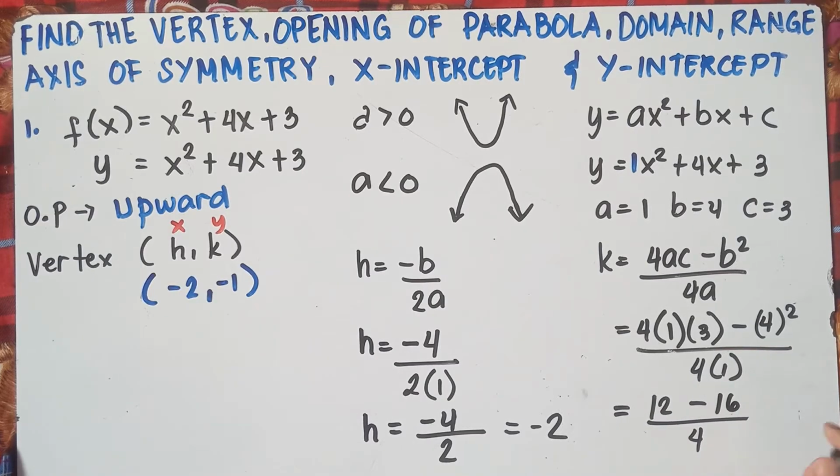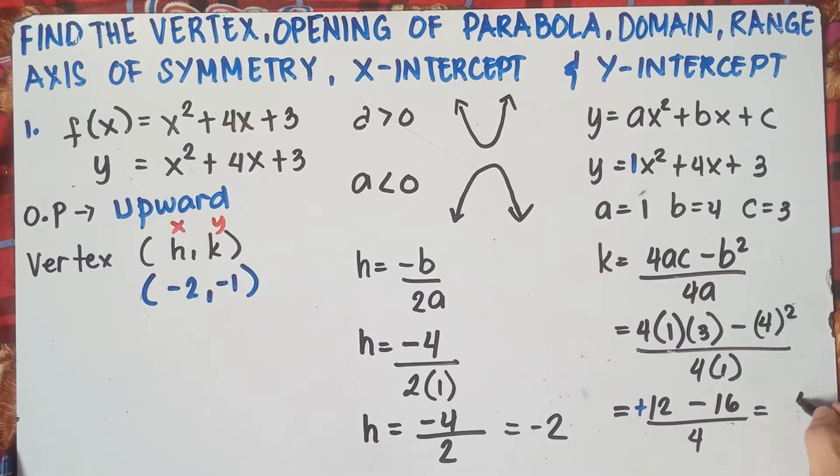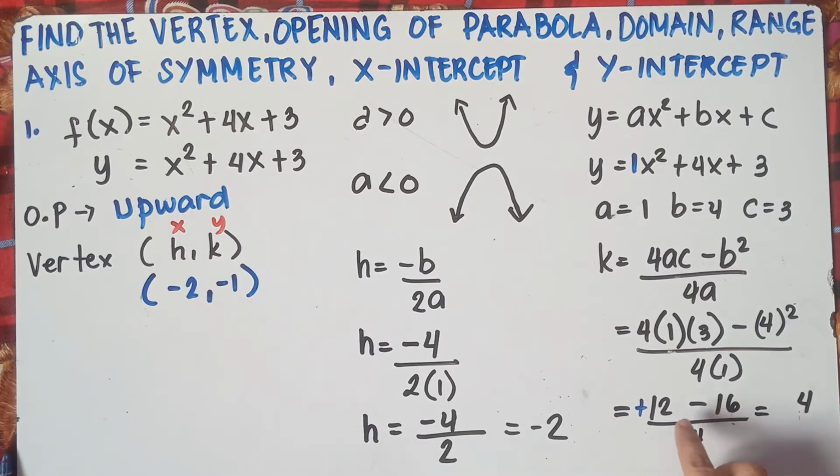So this will be 12 minus 16. If the signs are not the same, we have positive 12 and negative 16, so we subtract, then copy the sign of the larger number. 16 minus 12 is 4, and 16 is greater than 12, so we copy the negative sign. So 12 minus 16 is negative 4, divided by 4.